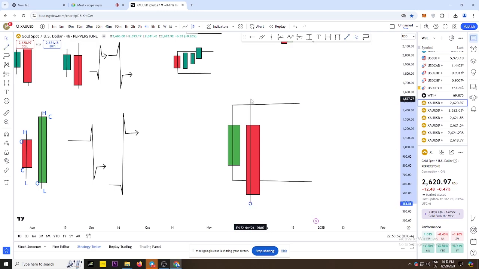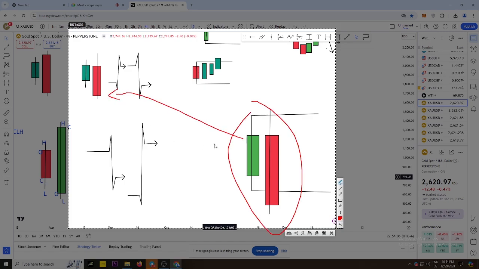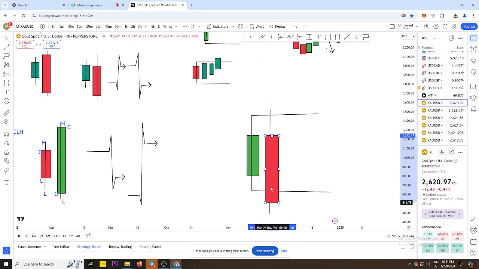Clear, brother? Now this one is a completed package, identical to this one, right? So in the textbook, we see this one as an engulfing. That's the reason we call it a regular engulfing. Now, what is the reason that we are not calling this one an engulfing?